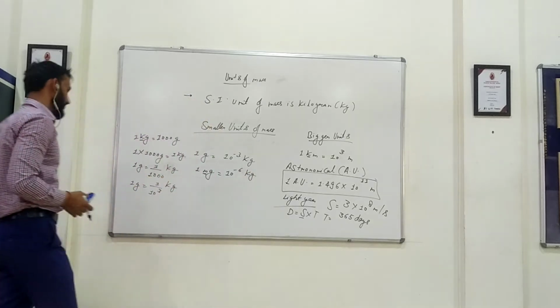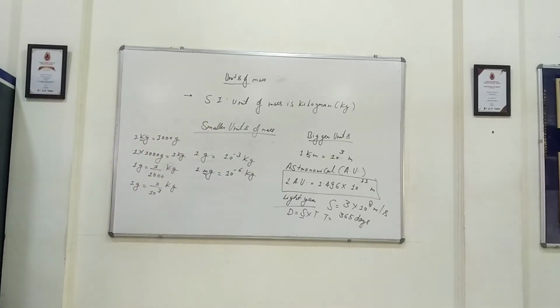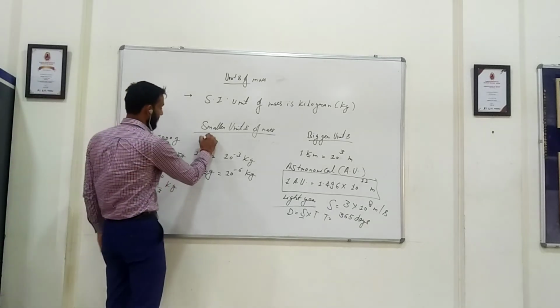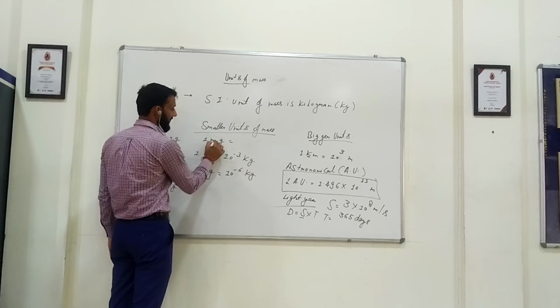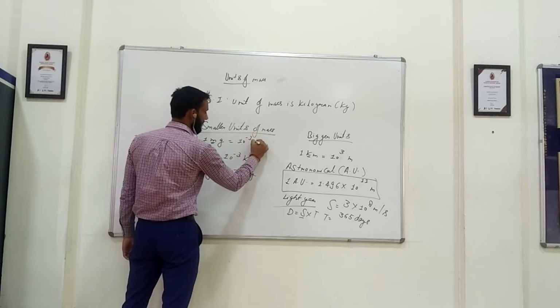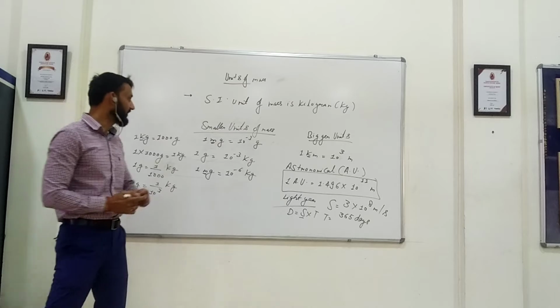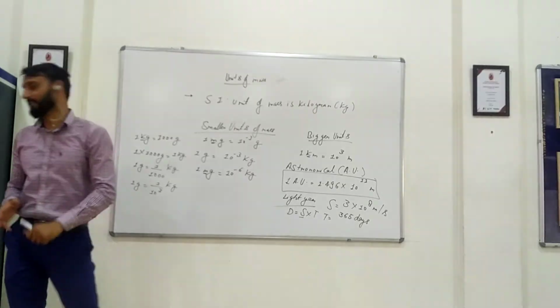So 1 milligram is this much, right? If I write 1 milligram, milli means 10 to the power minus 3 gram will come, but if I convert it further into kg, it will become 10 to the power minus 6, right?